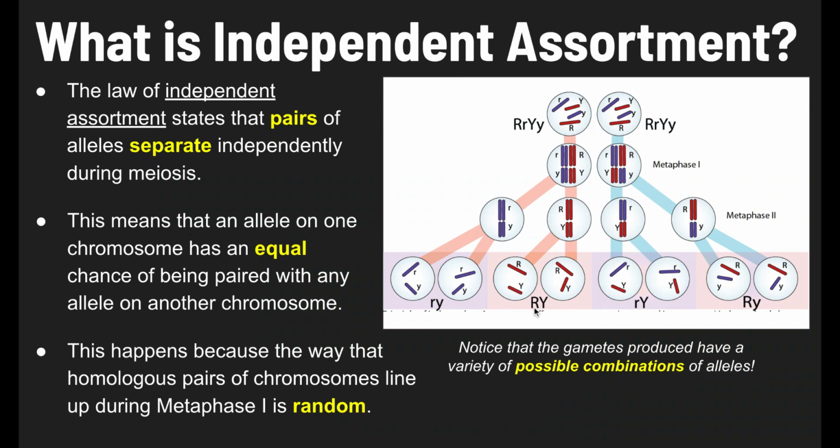Another possibility is a big R and a big Y. Another possibility is little r, big Y, and another is big R, little y. So those are the four possible combinations of alleles, and this variation is due just to independent assortment.